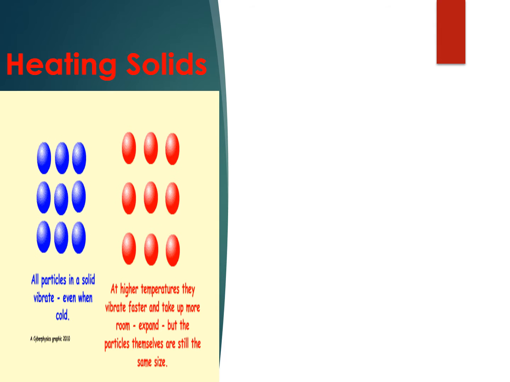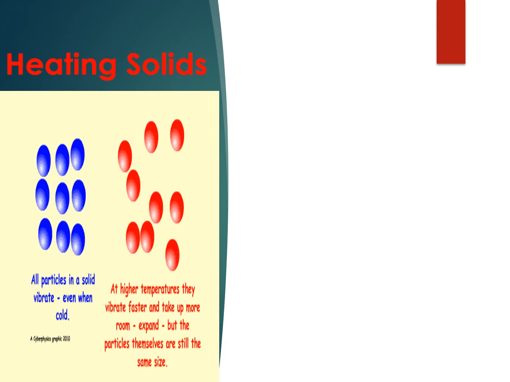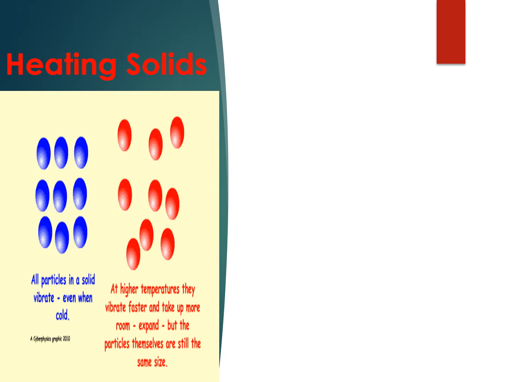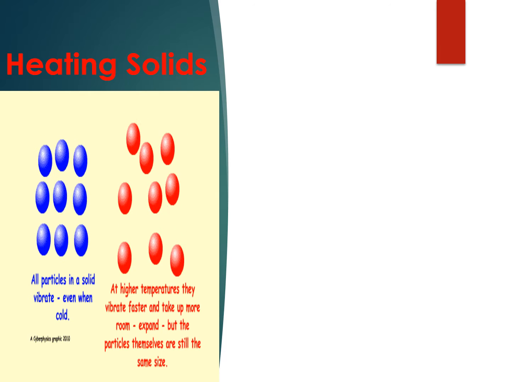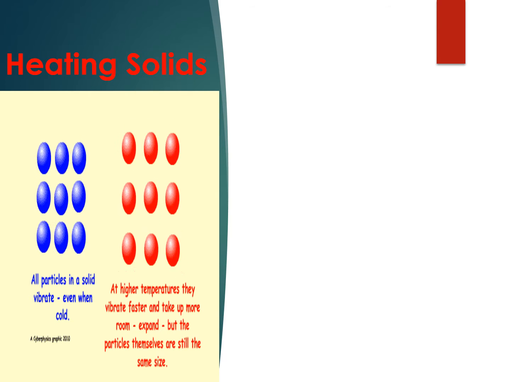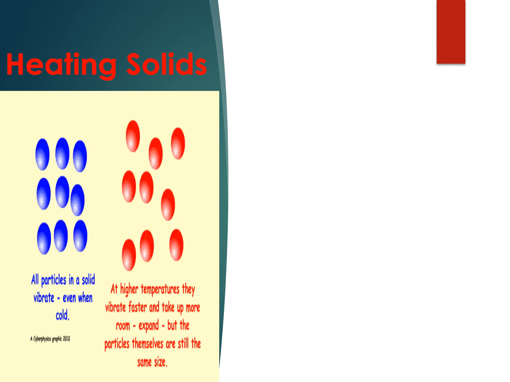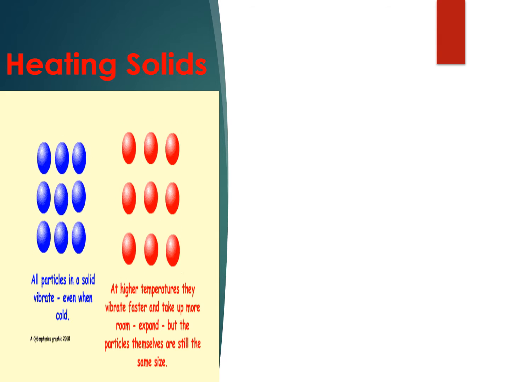Here, the movement is faster. Why? Because the particles here gained energy. Excellent. When the particles gain energy, they move faster, and the spaces between the particles become bigger and bigger, depending on the amount of energy.